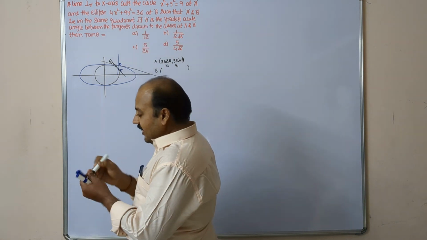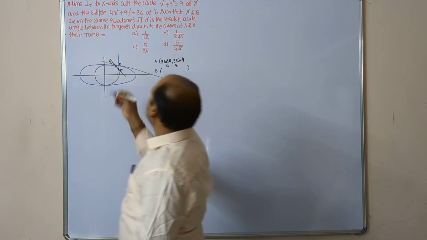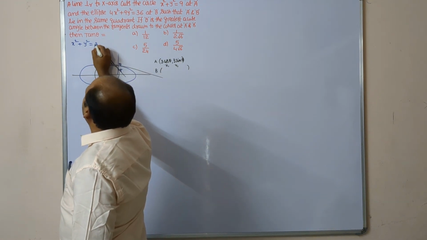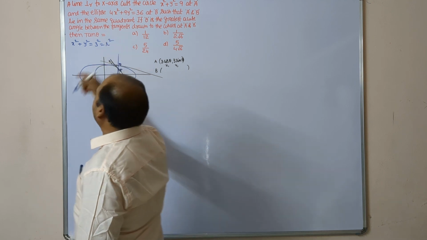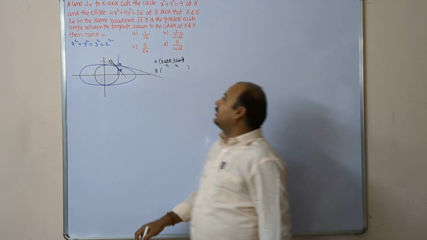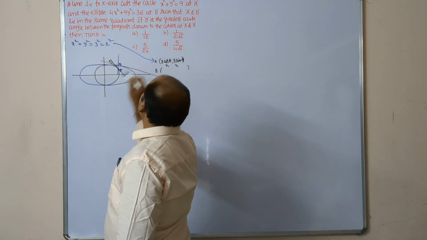So the given equation of the circle, x square plus y square is equal to 9, can be written as 3 square. This is compared with r square, so r is equal to 3. r cos theta, r sin theta is the parametric point related to this one.